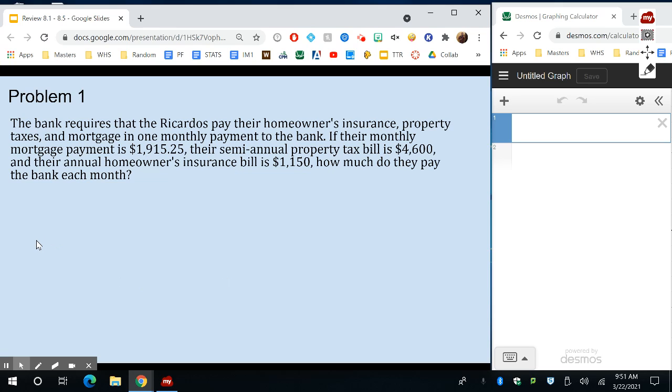Okay, so this problem, we are going to try to find their monthly bill. Now if you notice on these problems, their monthly mortgage is already in months. Then the semi-annual property tax, we need to put it into months as well.